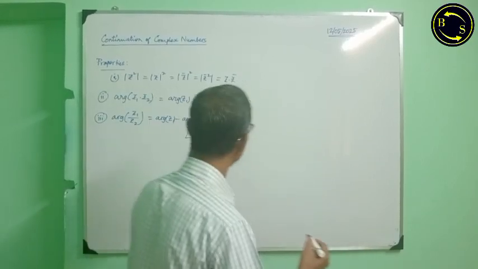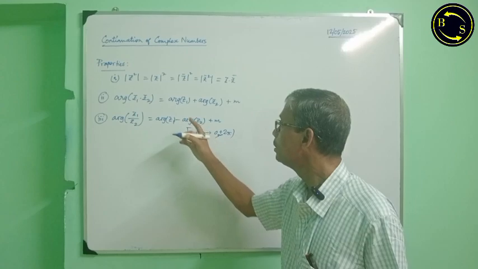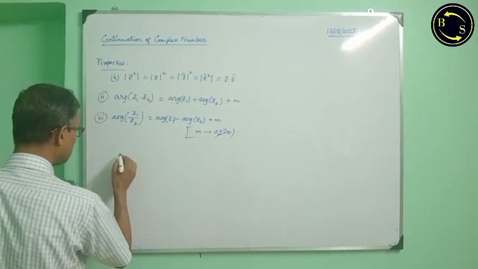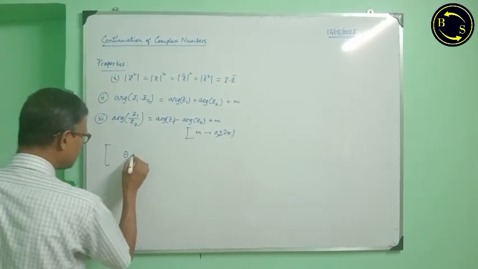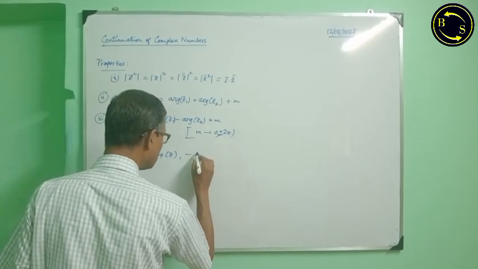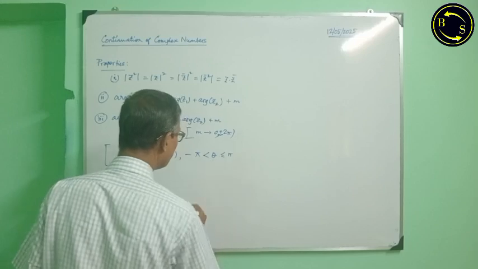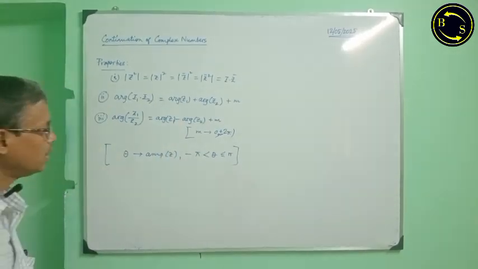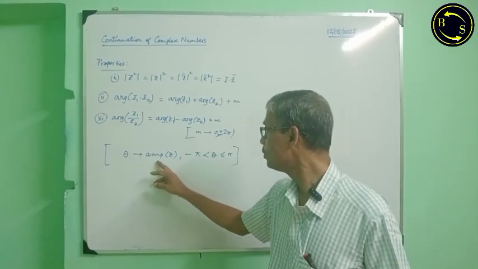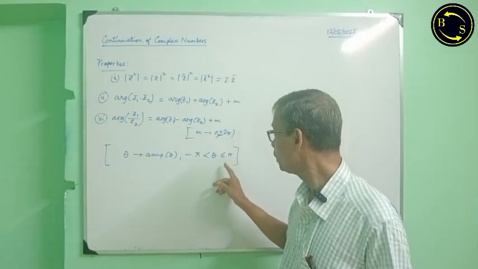Let me clarify why this is used. Actually, amplitude or argument, according to the definition, principal value of the argument: if theta be the argument or amplitude of z, then the interval for theta, as already discussed, lies from minus pi to pi, including pi.